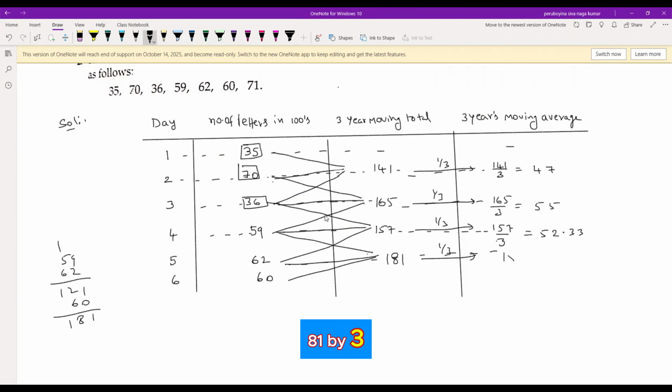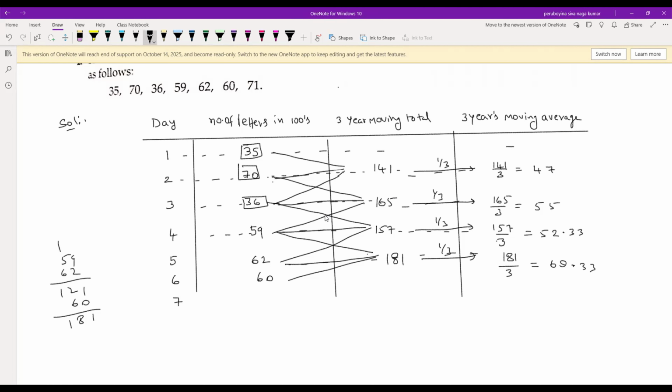So 181 by 3. 6 3s are 18. So the value is 60.33.